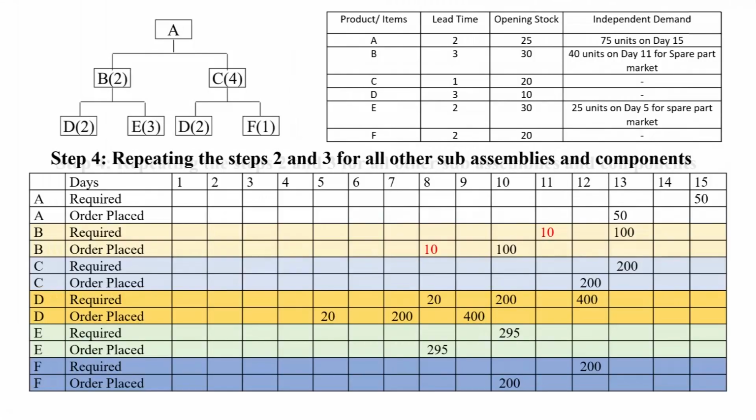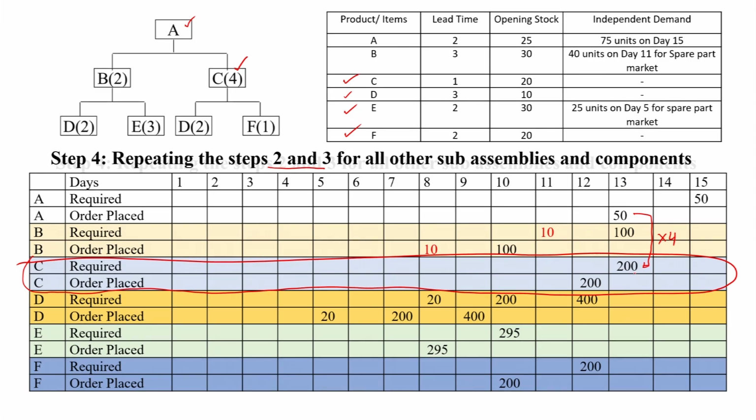In the same manner, I can repeat steps 2 and 3 for all other items C, D, E and F. Let us see item C. 4 units of C are required to manufacture 1 unit of A. So, I need to manufacture 50 units here, so I need 50 into 4, 200 units on day 13.